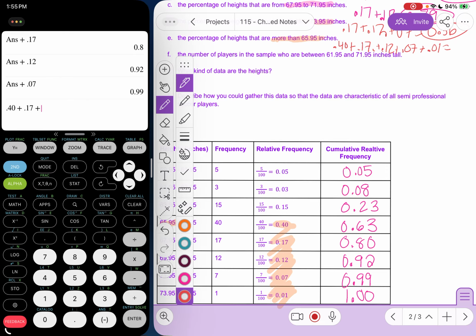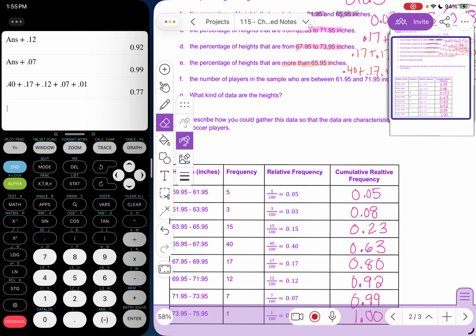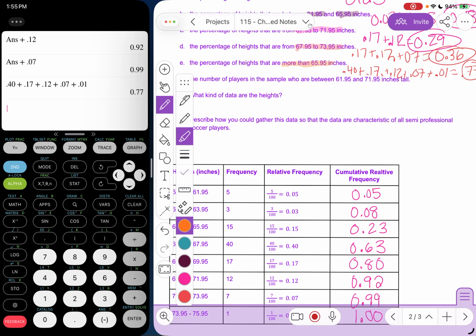That's 40, 17, 12, 7, and 1, and we get 77. So we're just using this table to answer questions. It's the benefit of it. Once you have the data, you can do anything with it.